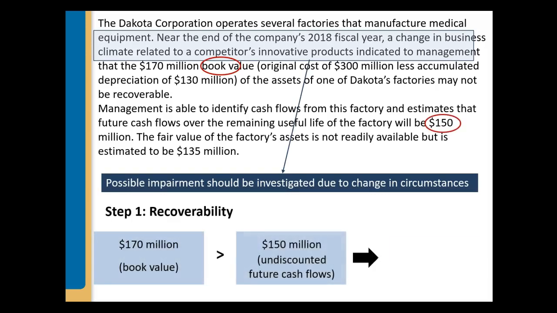Changes in circumstances, such as a change in business climate related to a competitor's innovative products, require that Dakota investigate for possible impairment. Because the book value of $170 million exceeds the $150 million undiscounted future cash flows, an impairment loss is indicated.